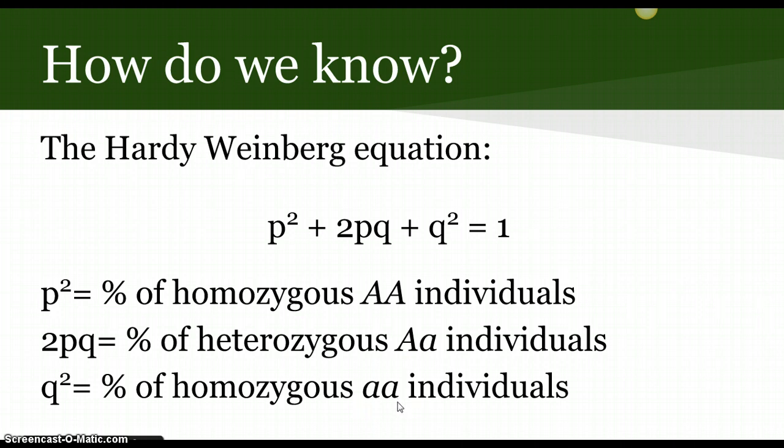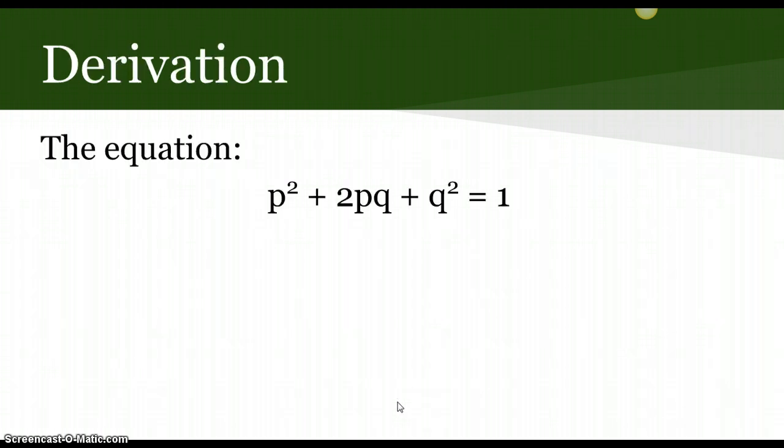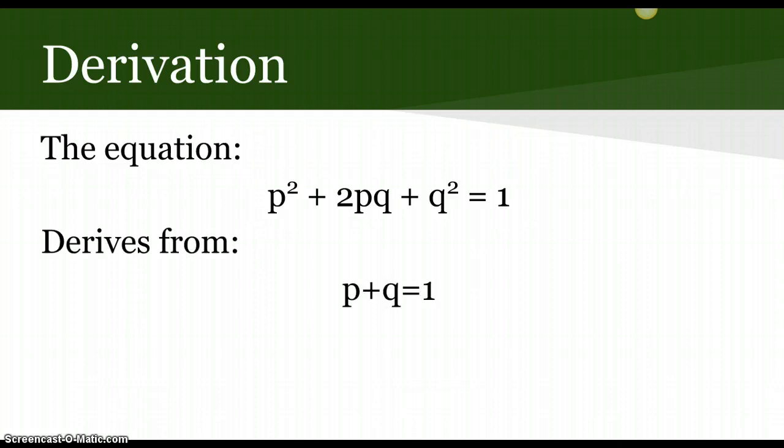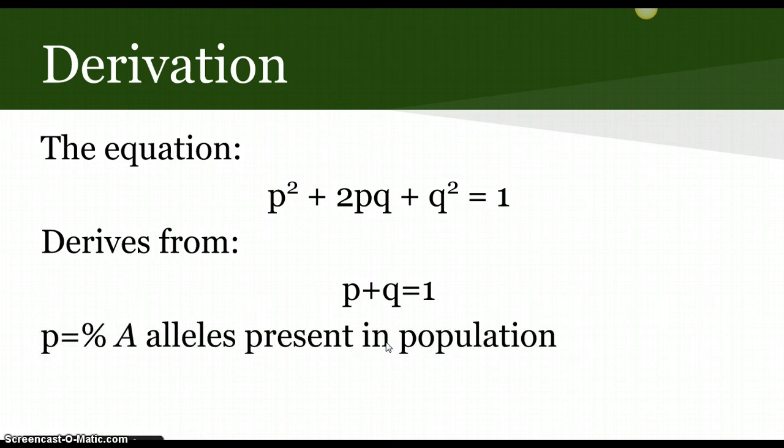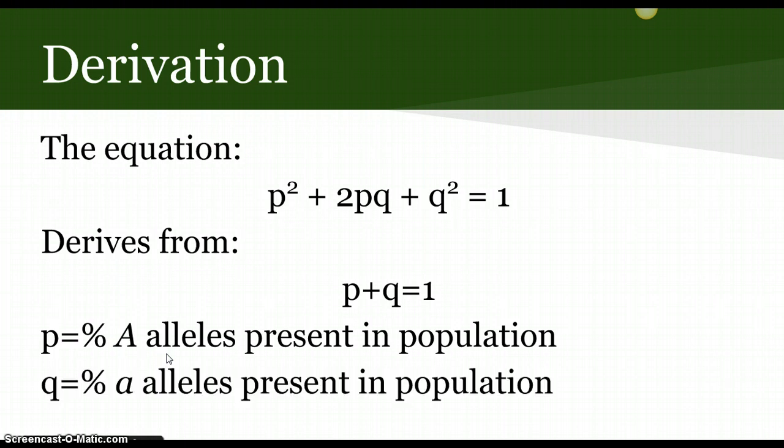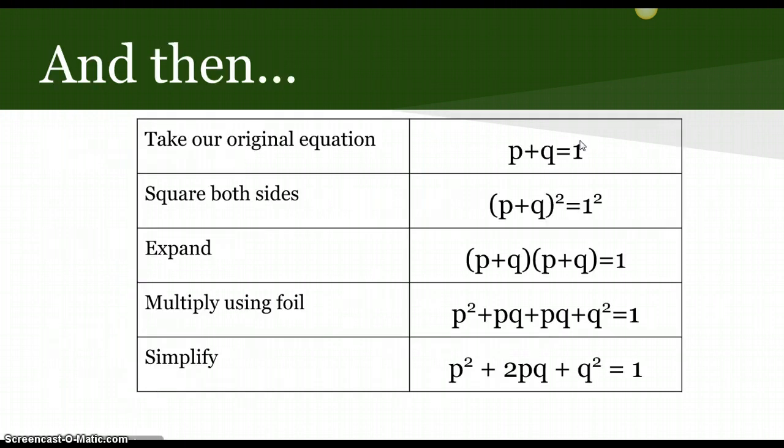All right, so how do we derive it? We take p squared plus 2pq plus q squared equals 1, and it derives from an original equation of p plus q equals 1, in which p is the percent of dominant alleles present in the population, and q is the percent of recessive alleles present in the population. Take our original equation, p plus q equals 1.